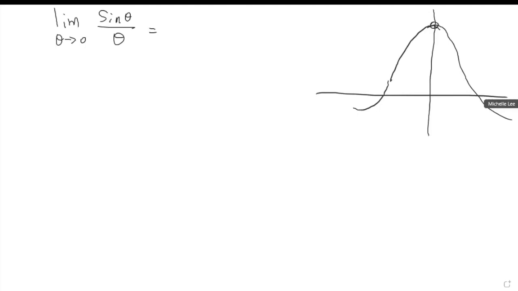And then here is the one. Anyway, this goes to 1. I showed you the table and then I asked you what the limit is, and you guys said the answer, it's 1. So let me show you why this is 1. This is the second time we see this one: the limit as theta approaches 0 of sine theta over theta, which is 1, right? We're going to use this several more times in the future. So please remember this one, okay? Five stars. Let me give you five stars.